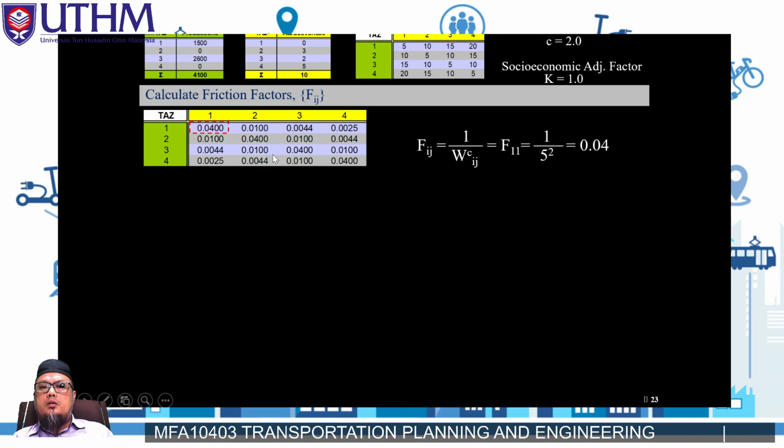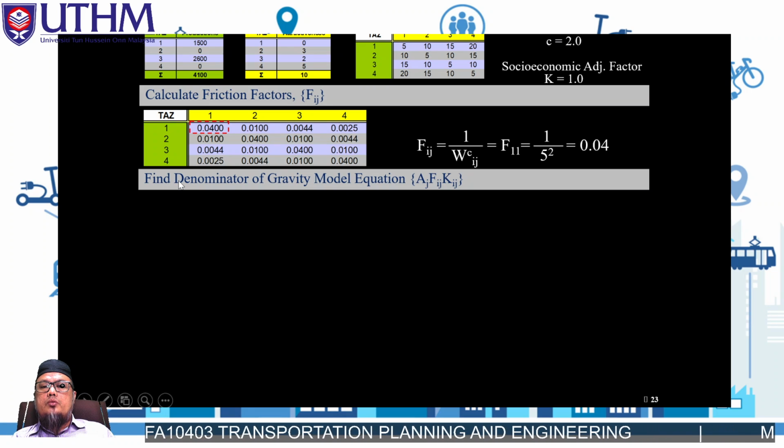Let's give an example, this value 0.04. Take the value from cell 11, where W is given here as 5. With the calibration factor 2, we obtain 0.4. You can calculate the rest and refer to the table to obtain the value for each cell.